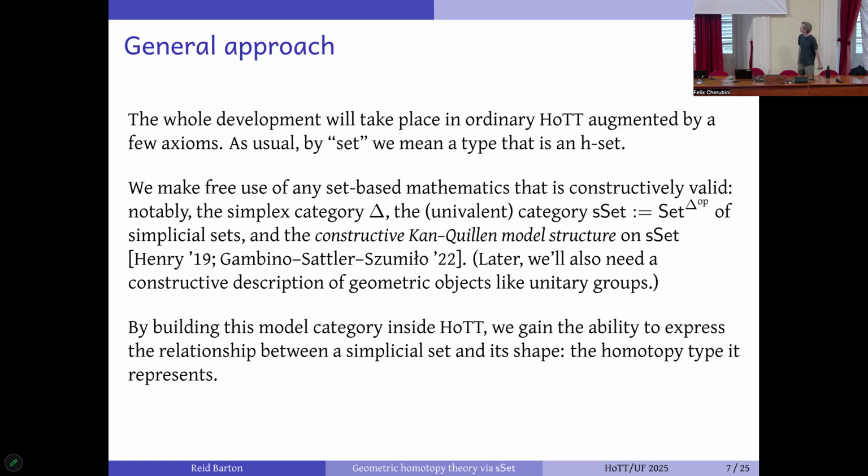And then at the end, I'm going to explain how to extract one of these simplicial sets from some geometric object. And just to give you some rough sense of scale, I haven't thought about this very carefully, but maybe I need another 100 pages of general theory on doing some kind of constructive geometry just to turn my unitary group, or whatever I'm interested in, into the Kan complex that I want.